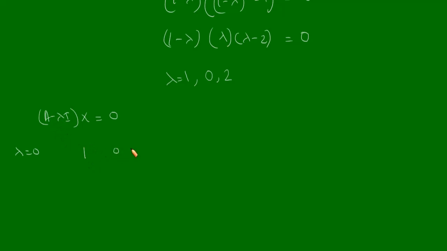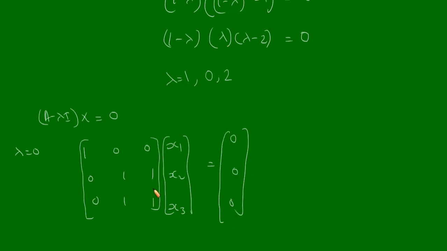A is 1 0 0, then 0 1 1 and 0 1 1. Now lambda is 0, so A minus lambda I will be A itself, A into x, and x can be taken to be x1 x2 x3. Here x is a column vector, this is equivalent to 0.